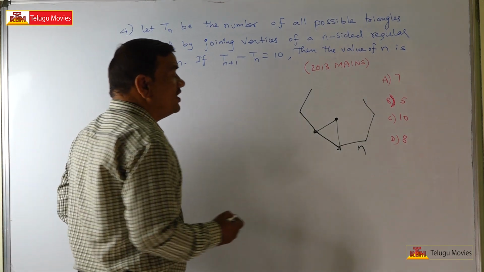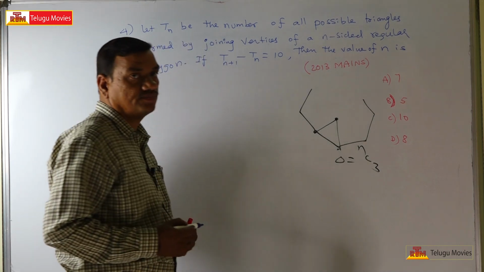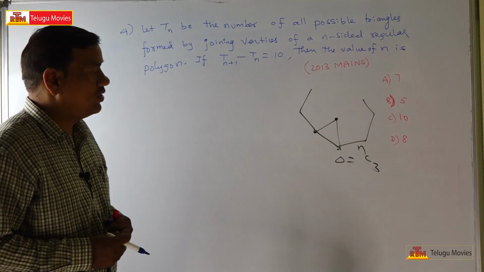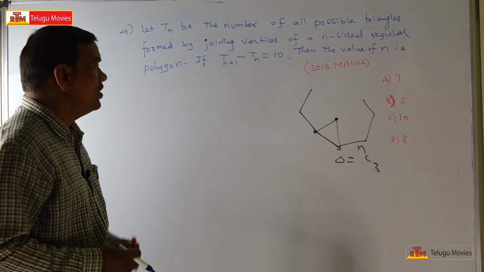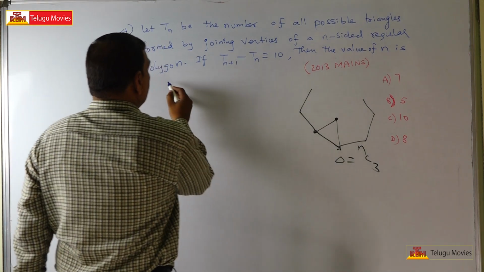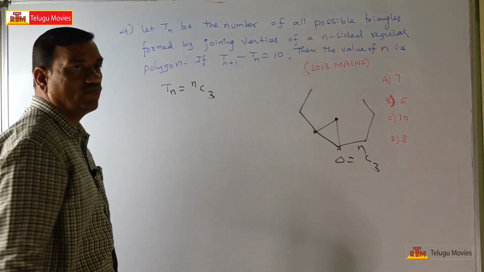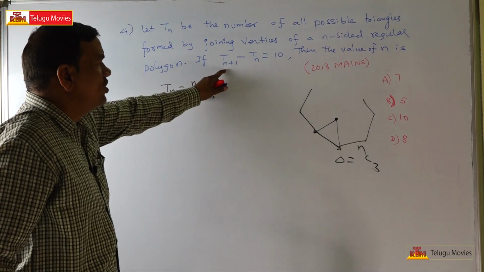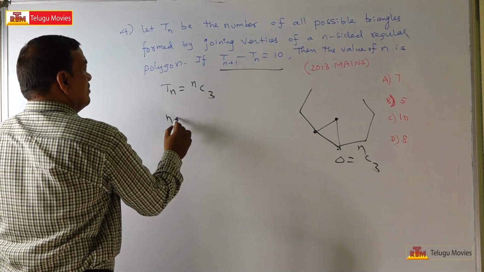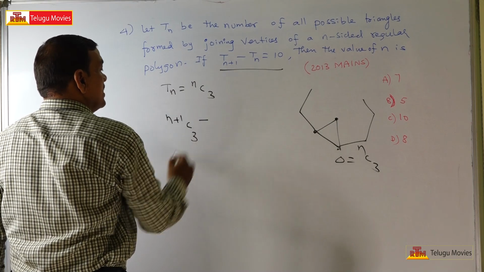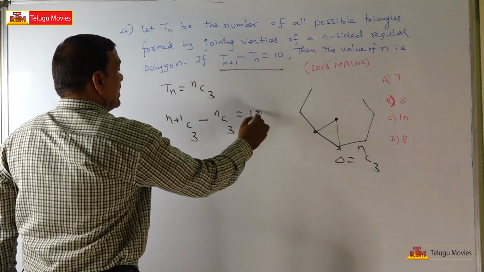So how many triangles will you get? nC3 triangles, where C means combinations. So Tn is equal to nC3. So what about T(n plus 1)? So this is (n plus 1)C3 minus nC3 is equal to 10.